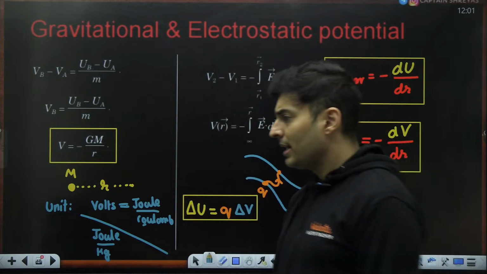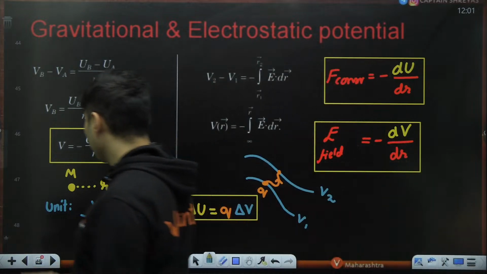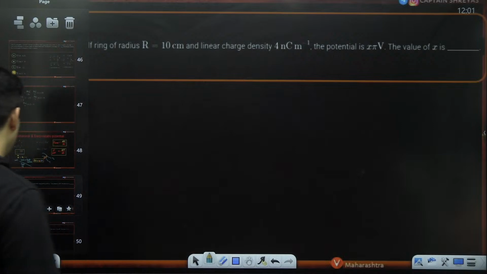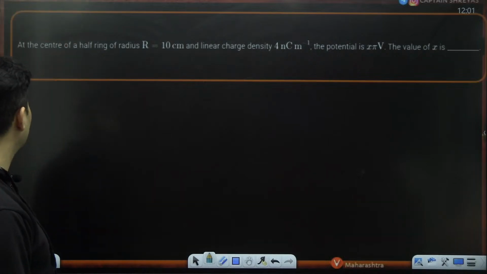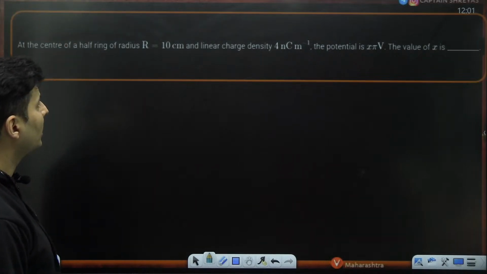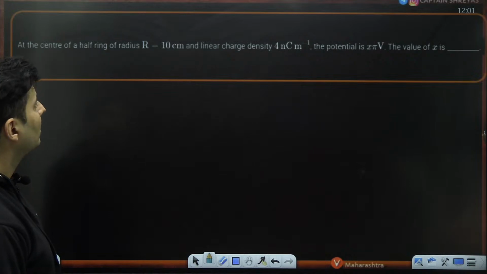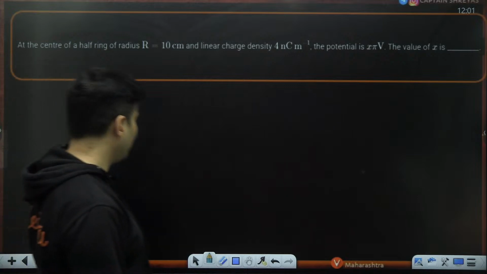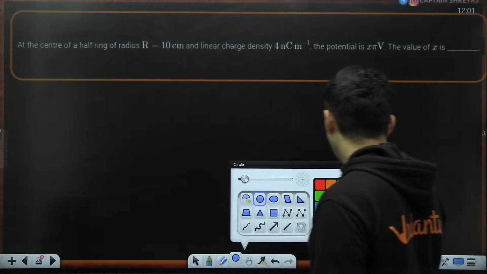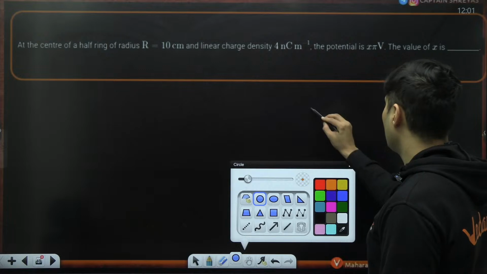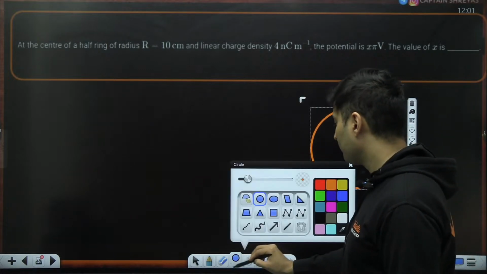Everybody, cool? Shall we do some questions then? Shall we do some questions on potentials? What is the potential at the center of a half ring of radius this much? Okay, this is just half of the ring. Let's draw half of that ring then.